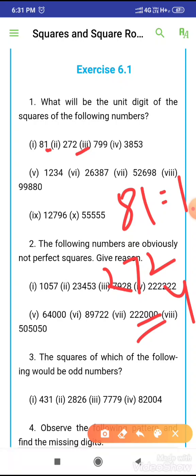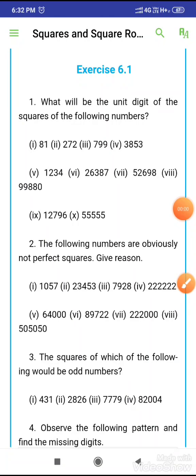Similarly, you can multiply 9 by 9 and you have 1 as your answer. In the fourth part, 3 multiplied by 3 is 9. In the fifth part, 4 multiplied by 4 is 16, it means 6. In the sixth part, 7 multiplied by 7 is 49, it means 9. In the seventh part, 8 multiplied by 8 is 64, it means 4 in the unit place.